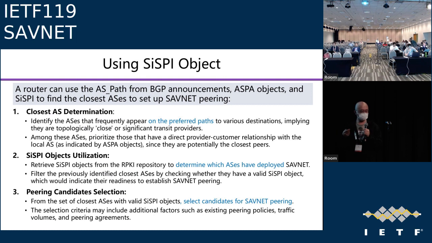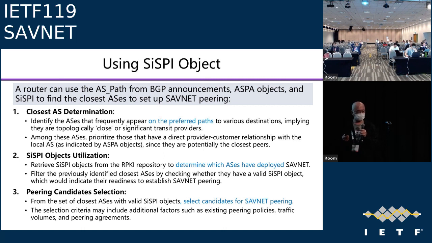A router can use the AS path from BGP announcements, ASPA objects, and SysP to find the closest or the most appropriate ASs to set up subnet peering. A potential procedure can look like this. It can first identify the closest AS using the ASPA object and the AS path information.